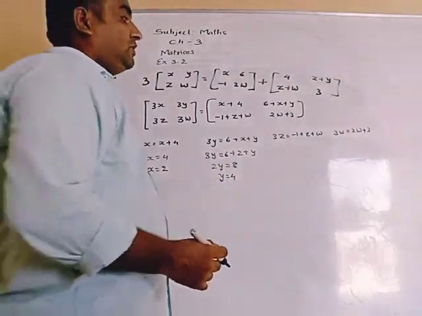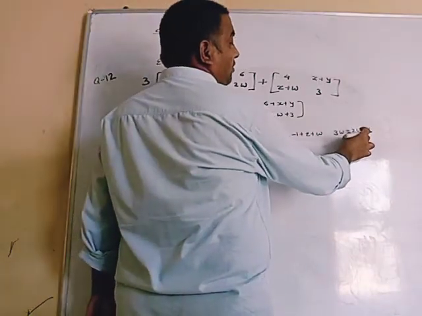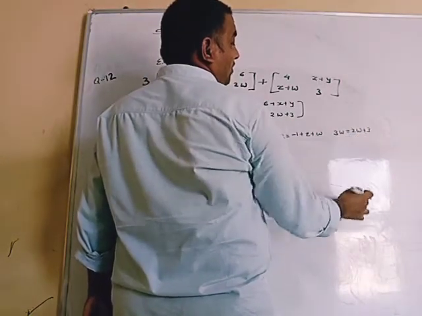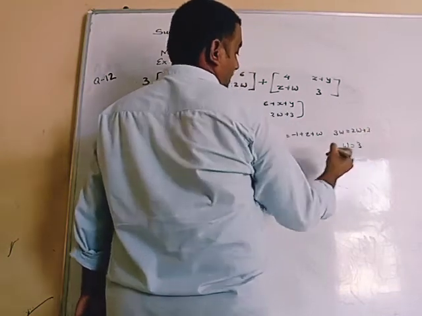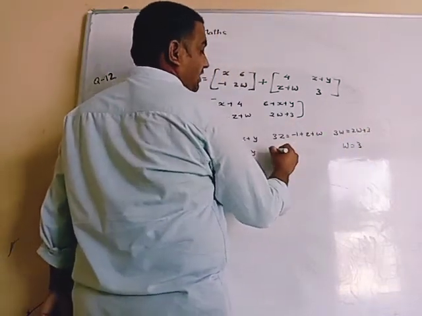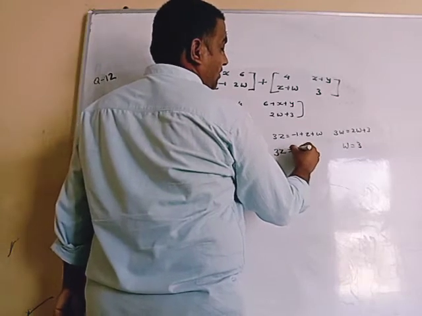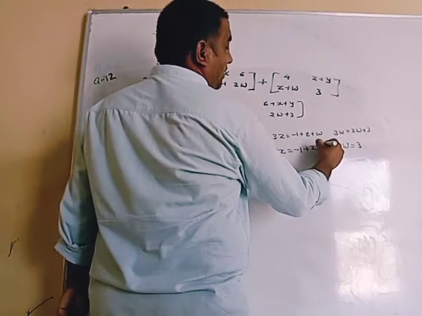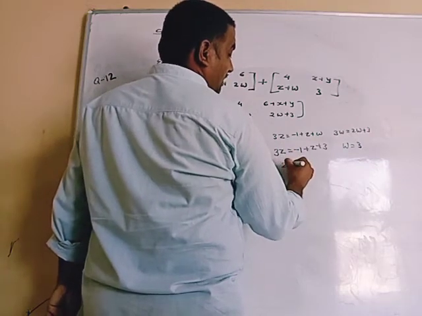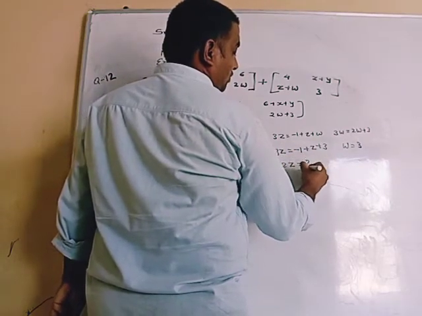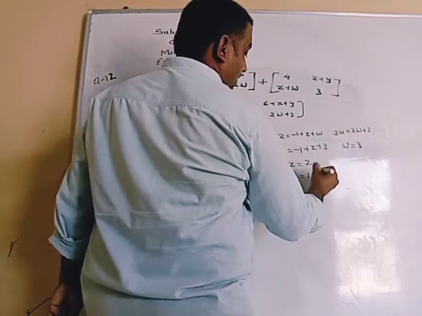Now 3w equals 2w plus 3: 3w minus 2w, so w equals 3. Substituting the w value in this equation, 3z equals minus 1 plus z plus 3. So 3z minus z, 2z equals 2, and so z equals 1.